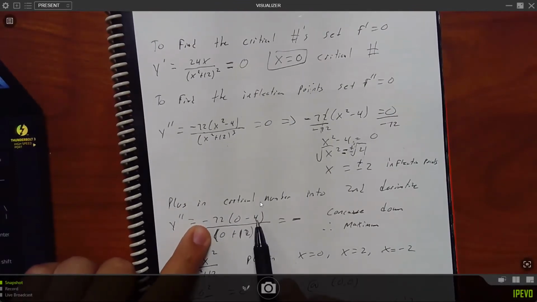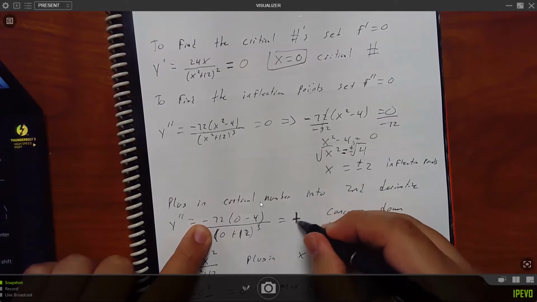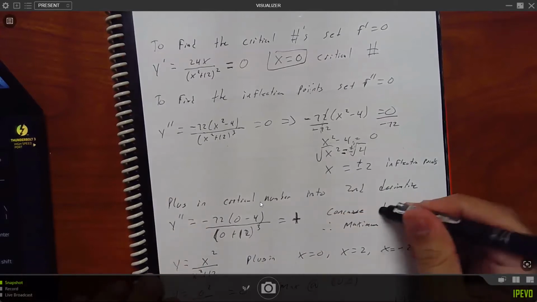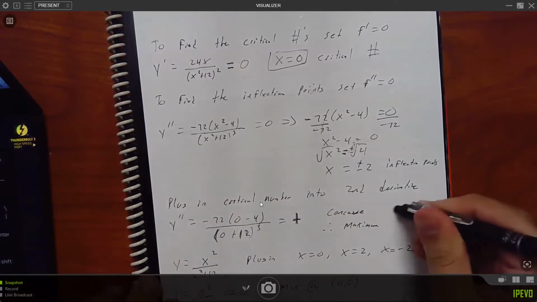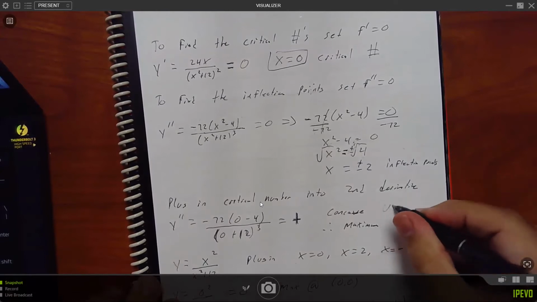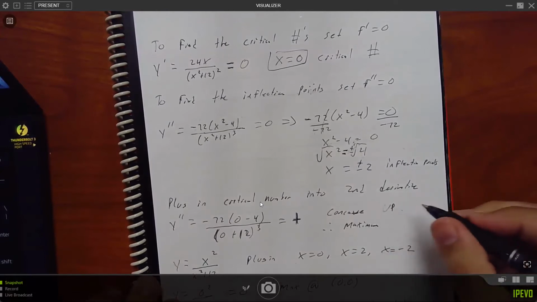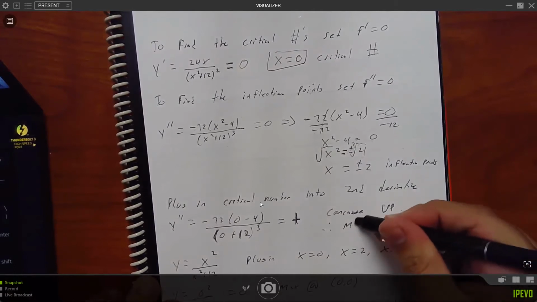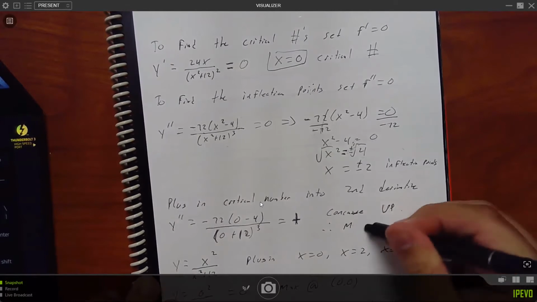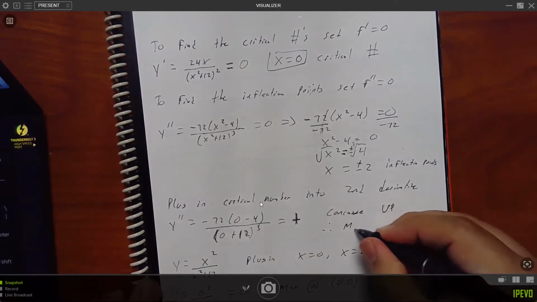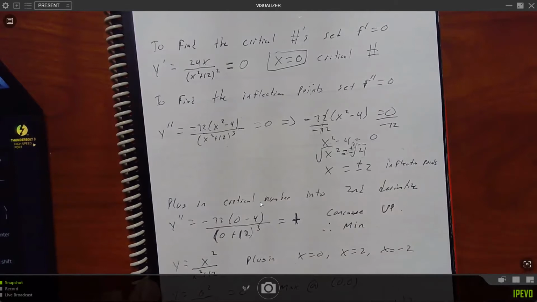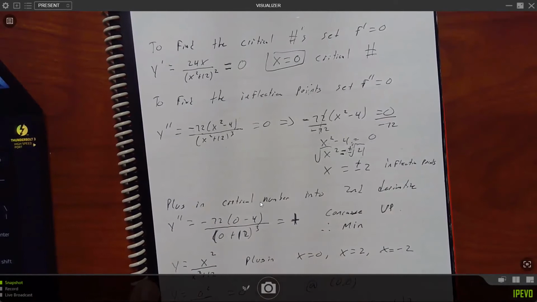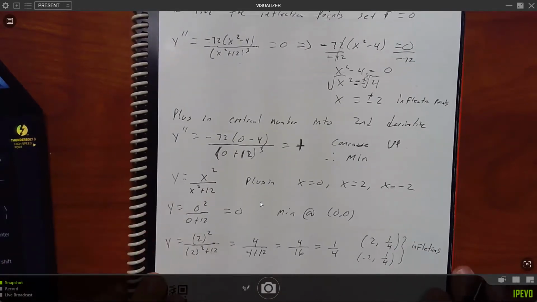Negative times negative. Positive. Concave up. So it was a minimum, not a maximum. That makes more sense now. So change all the maxes to mins.